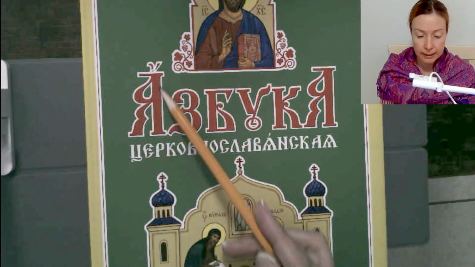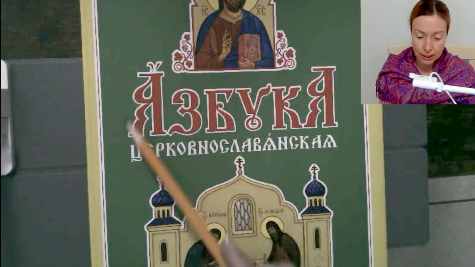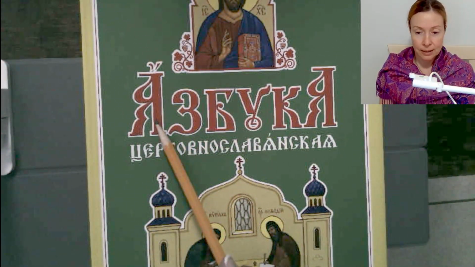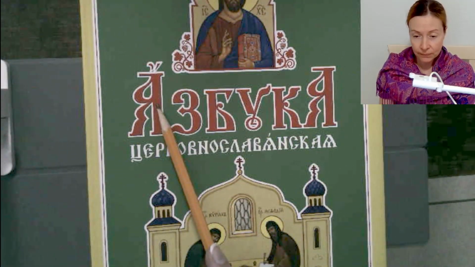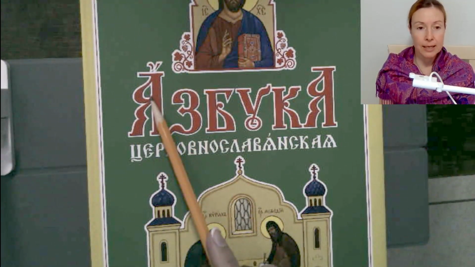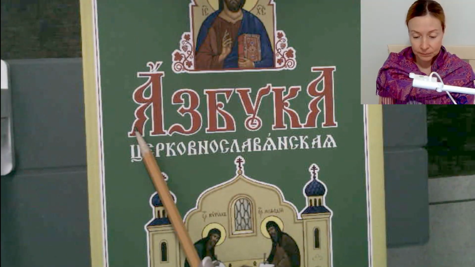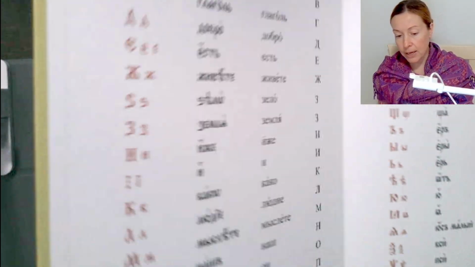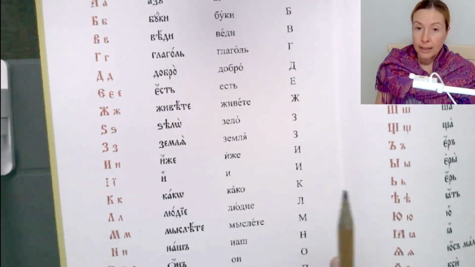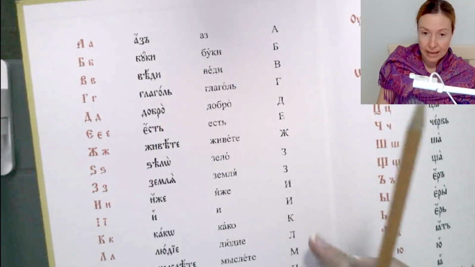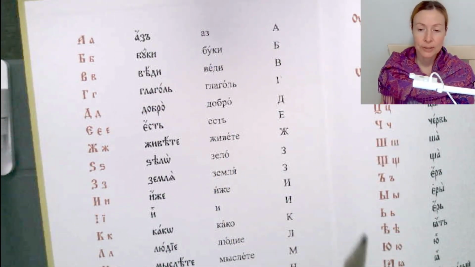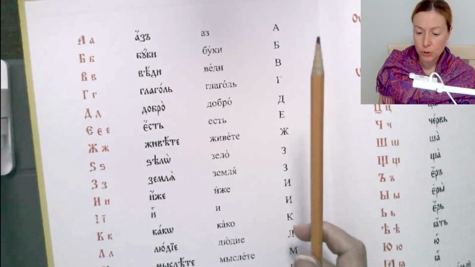So this here, the first letter you see in this word, A. You read it A, and the name of this letter is Az, and it's actually the same as A in Latin alphabet, or Aleph in Hebrew, in the Jewish alphabet.